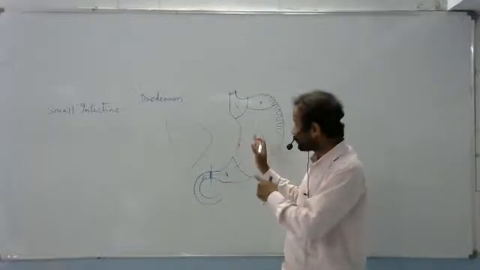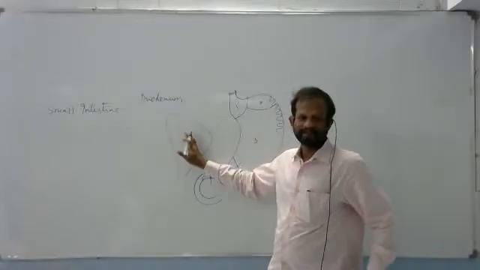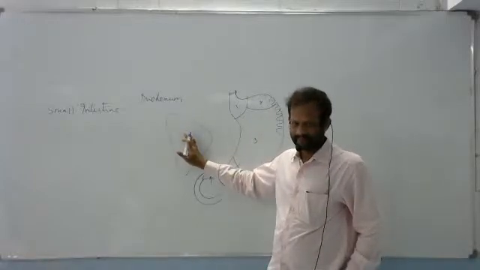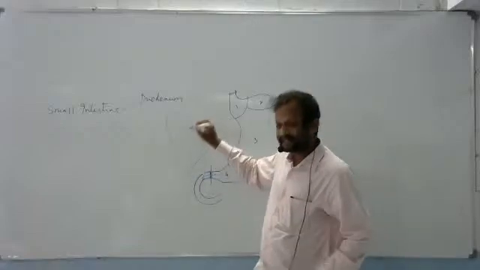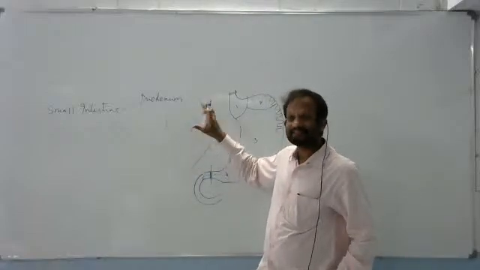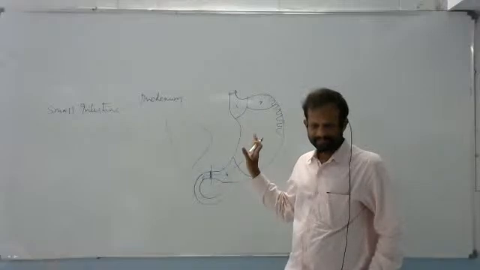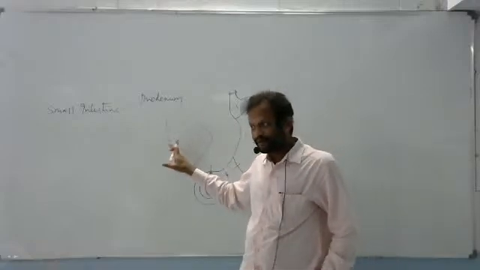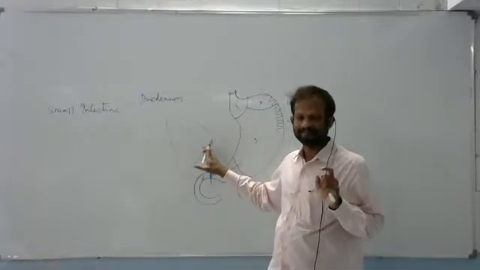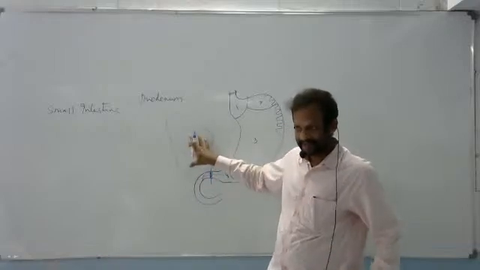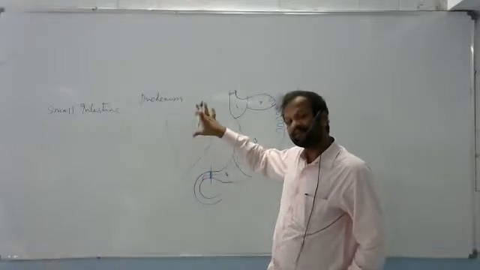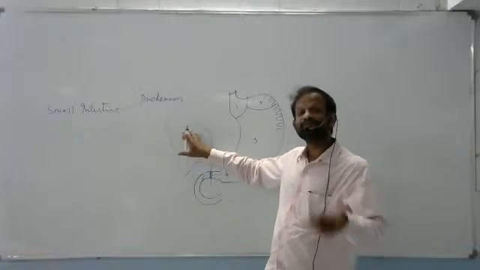Yesterday we discussed. Now, to the right of the stomach, the liver is present. For your information, this liver is the largest gland in our body. It weighs around 1.5 kg, right? So that is the largest gland in our body.